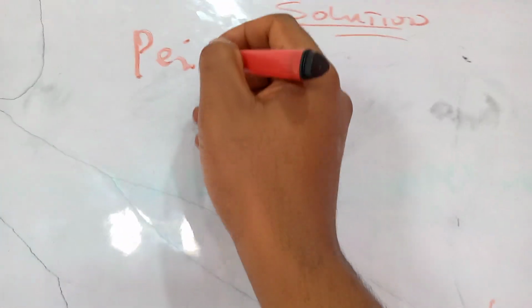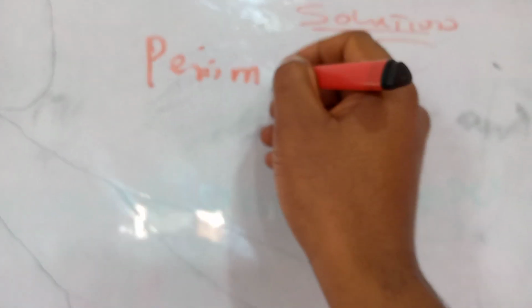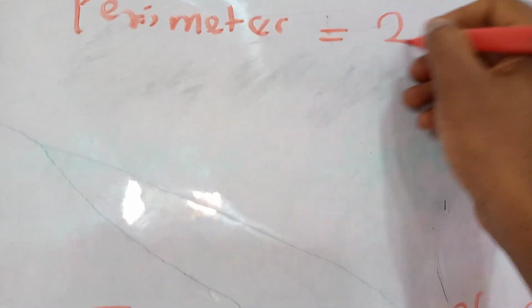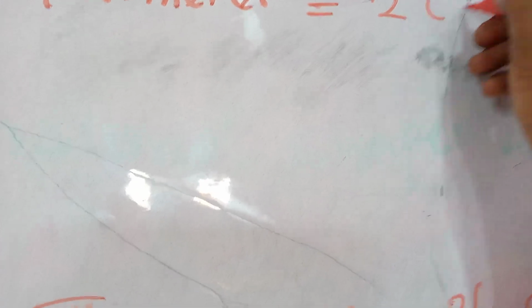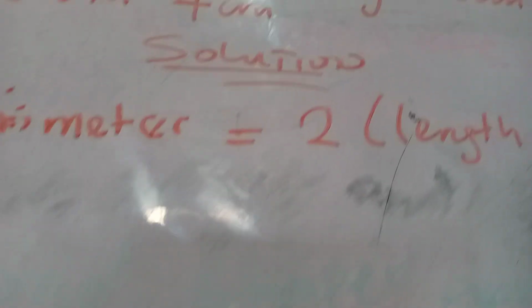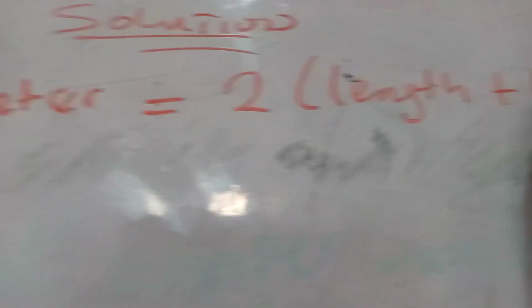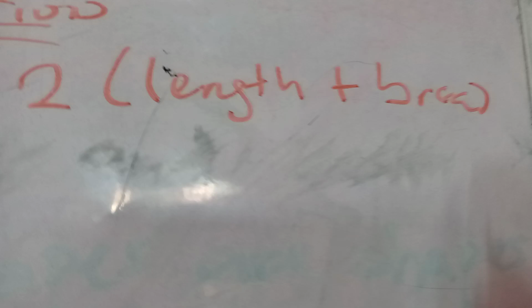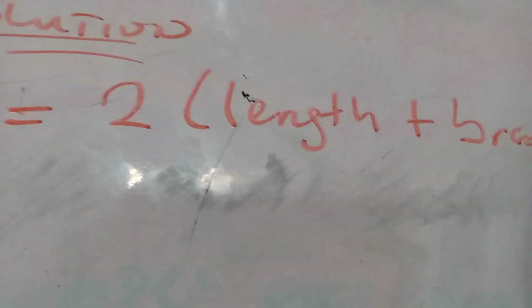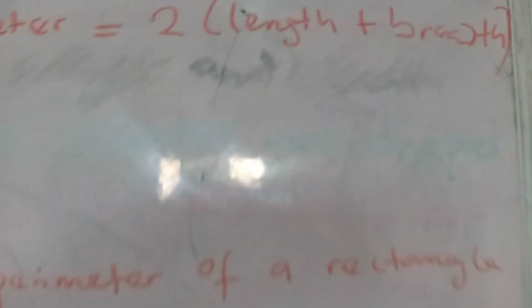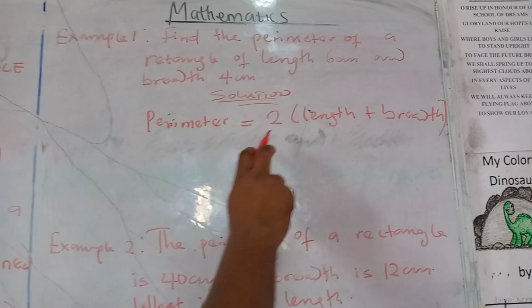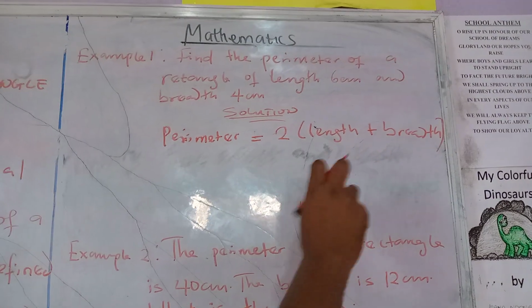Perimeter equals 2 into bracket length plus breadth.